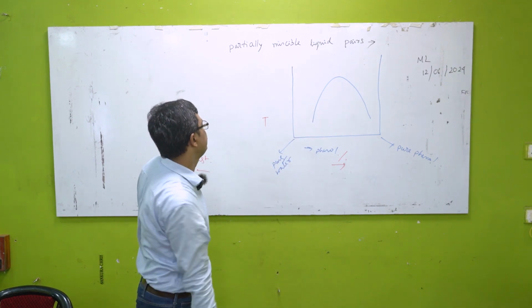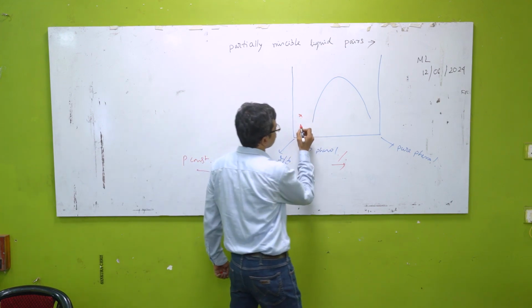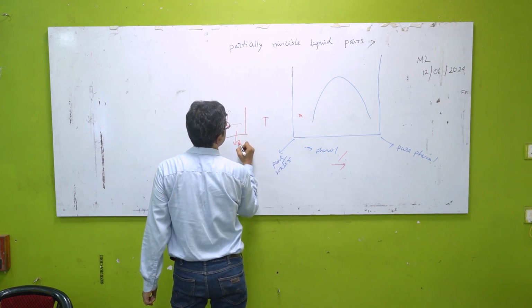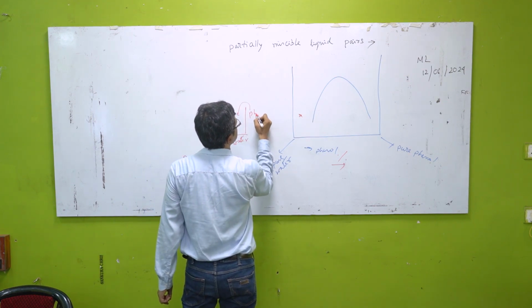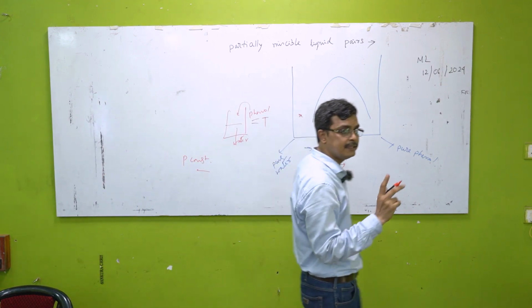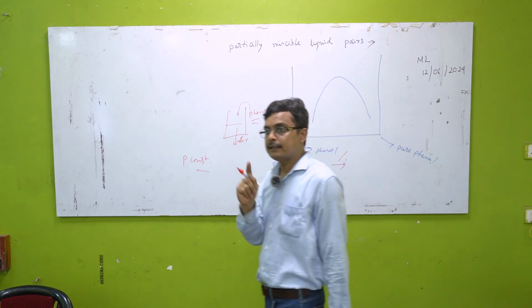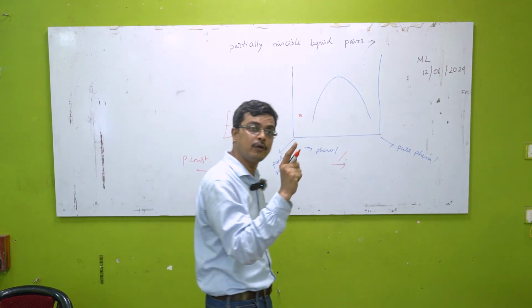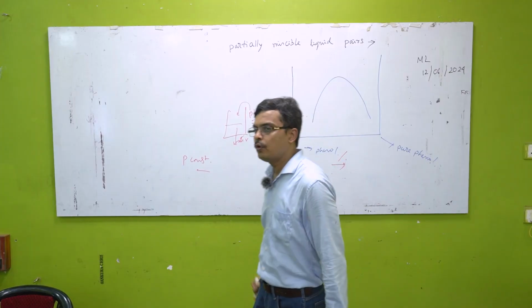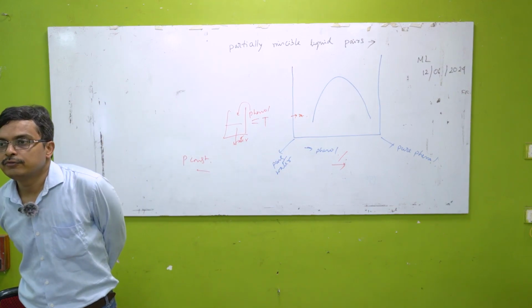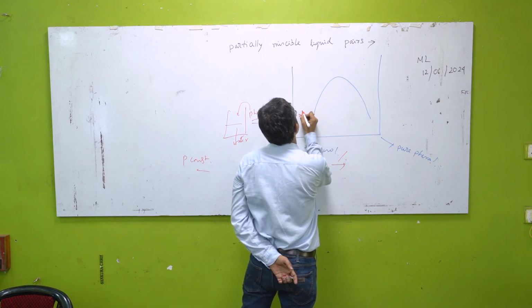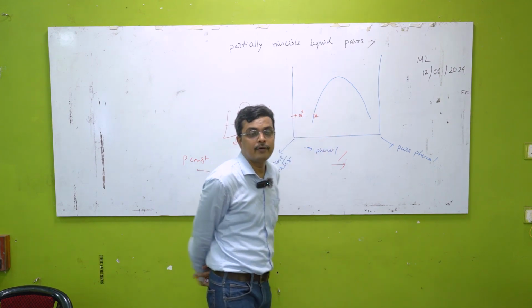So what do we do? Suppose you are at this temperature, we have taken water in a beaker or a test tube, and you are adding phenol. What do you see? At first there is only one solution, one unsaturated solution of phenol in water. You keep the temperature constant and go on adding phenol, and when you reach this point, suppose point A, what you find?